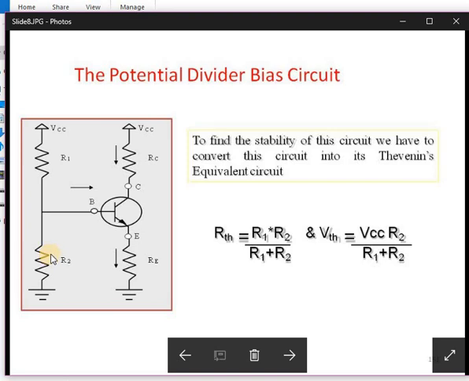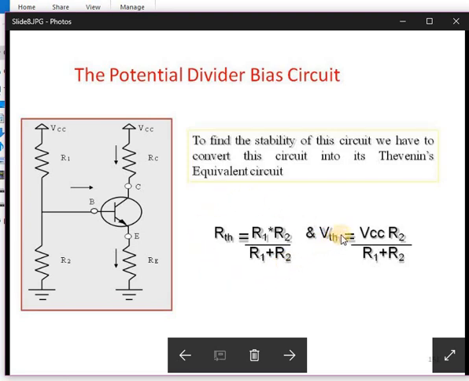So 1 by RTH is equal to 1 by R1 plus 1 by R2. Simplifying this equation, the Thevenin resistance RTH is equal to R1 into R2 by R1 plus R2.